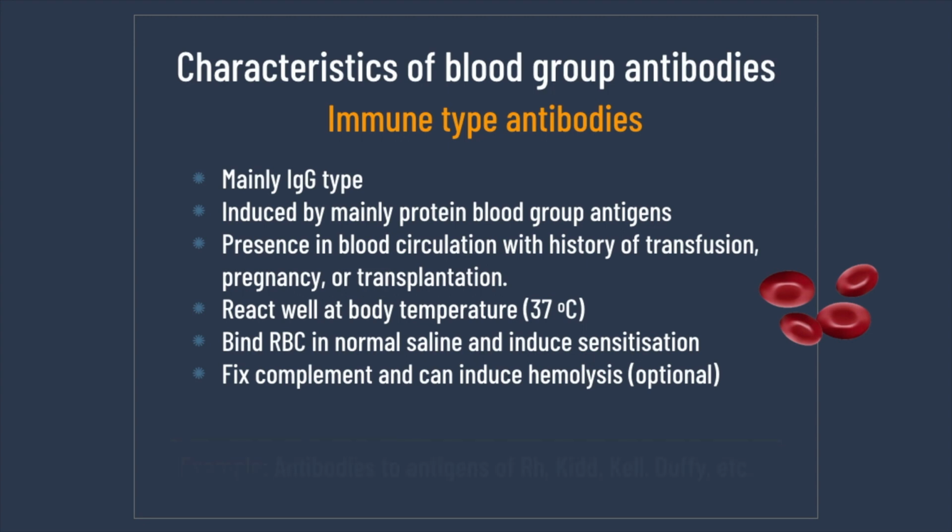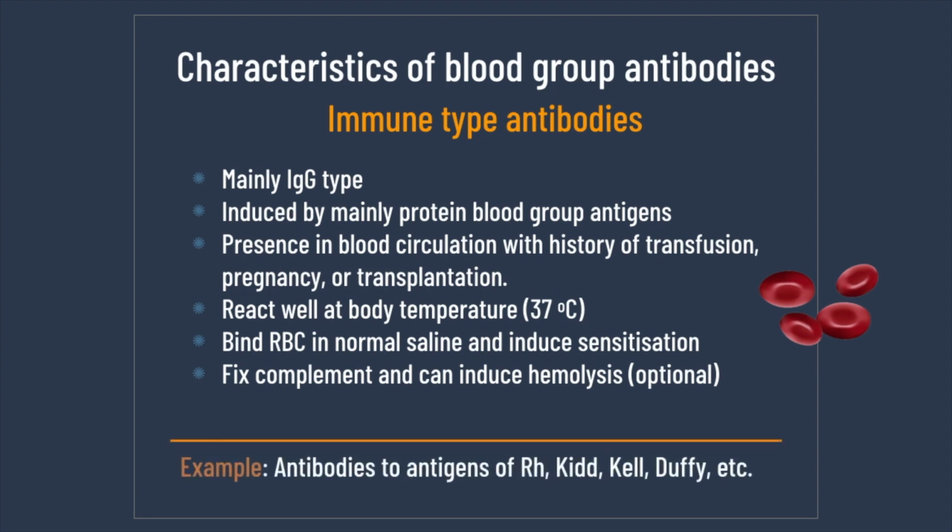For example, antibodies to antigens of blood groups Rh, Kidd, Kell, and Duffy. IgG antibodies sensitize red blood cells, but cannot directly induce agglutination. Some enhancement technique may be required, such as the antiglobulin test. It is sometimes called incomplete antibody.